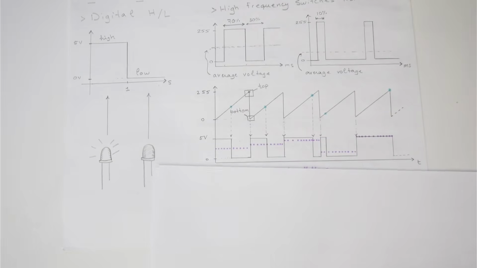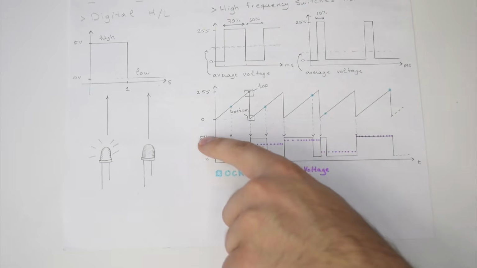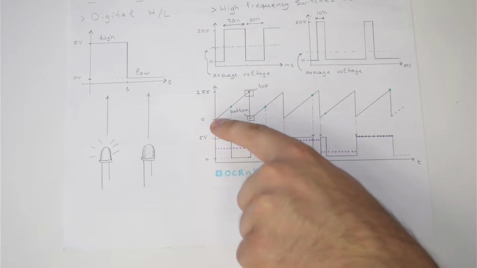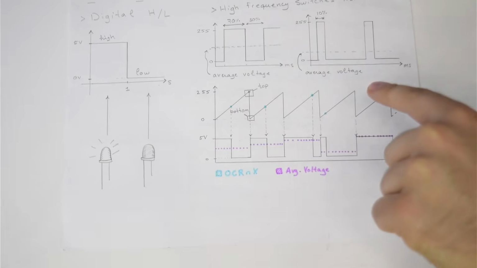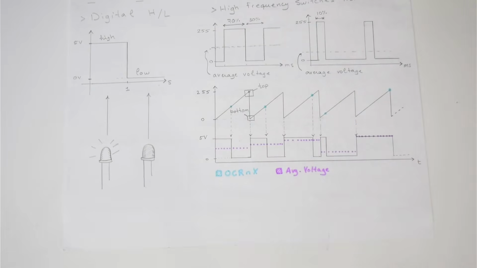Okay, so this diagram looks a little complicated at first, but it really isn't too bad. Here we see that we have this triangle that goes up, down, up, down. It's repetitive. Now this is what happens in Fast PWM.